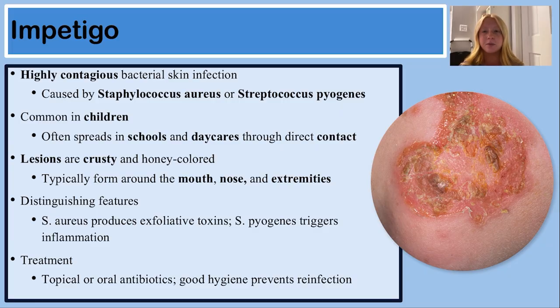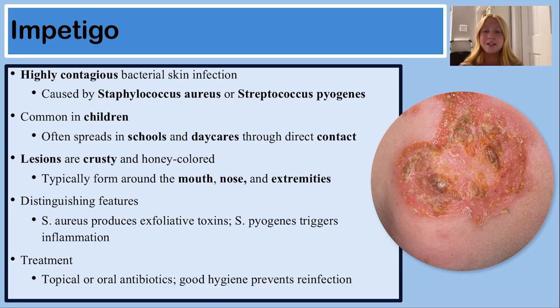So, impetigo. Impetigo is a superficial skin infection that affects mostly young children, and it's caused by Staphylococcus aureus or Streptococcus pyogenes, and both bacteria can coexist in the same lesion. You'll notice a honey-colored crust. These develop as blisters that burst and dry, and they usually appear around the nose or mouth, where children frequently touch and spread bacteria.